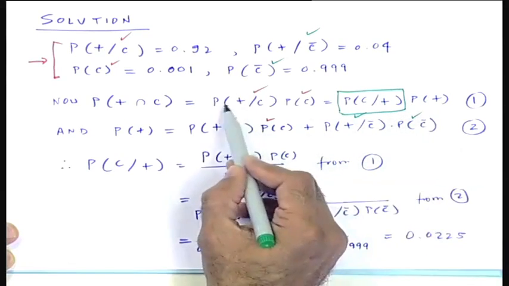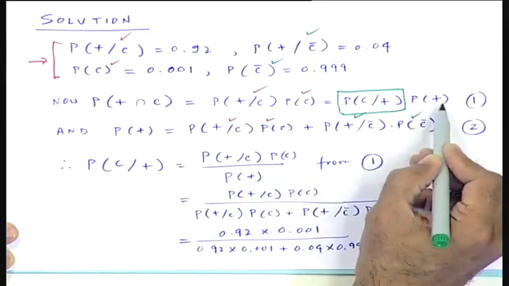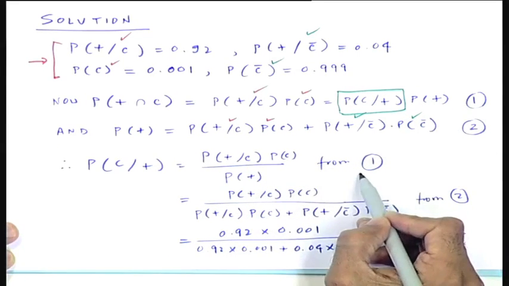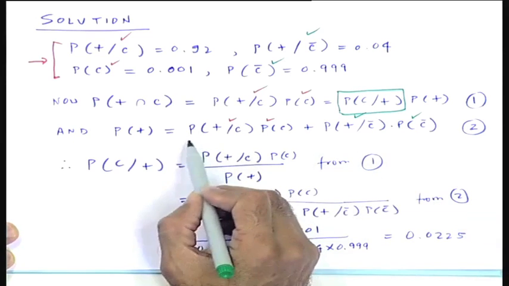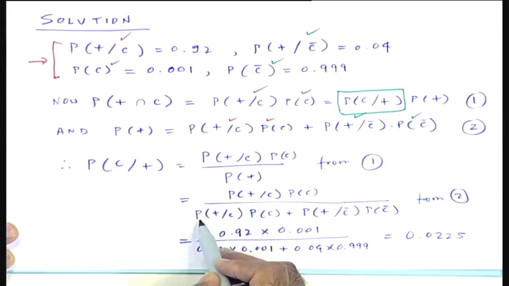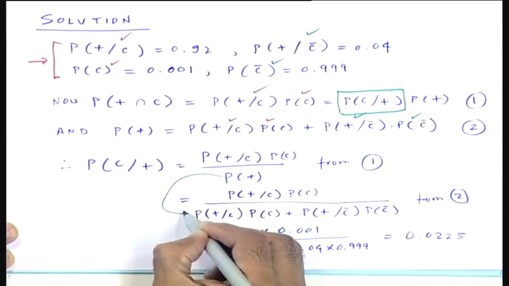I took this and put it in the numerator and divided by the denominator. So from 1 I found this, then from 2 I find the probability of the test being positive, which turns out to be this quantity that I put down here.